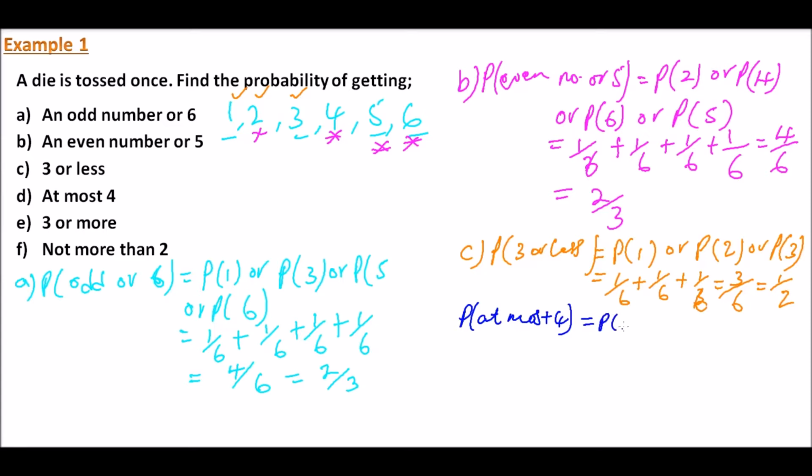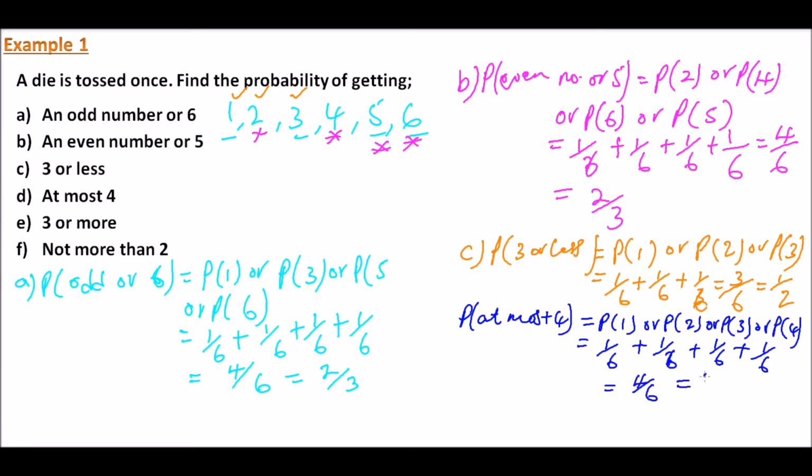So we say this is the probability of getting 1, or probability of getting 2, or probability of getting 3, or probability of getting 4. So this is equal to 1 over 6 probability of getting 1, plus 1 over 6 probability of getting 2, plus 1 over 6 probability of getting 3, and 1 over 6 probability of getting 4. So this is 4 over 6, which is 2 over 3. So that is the probability of getting at most 4.